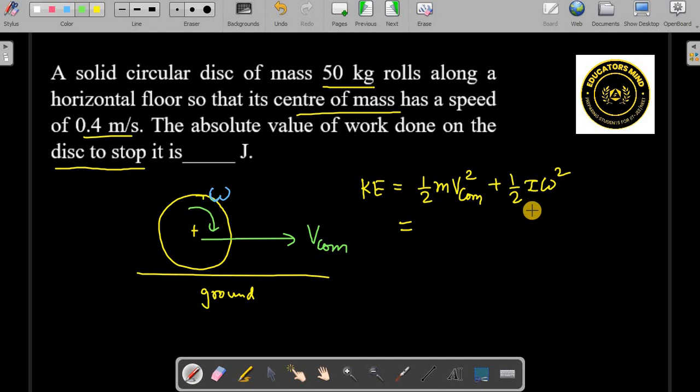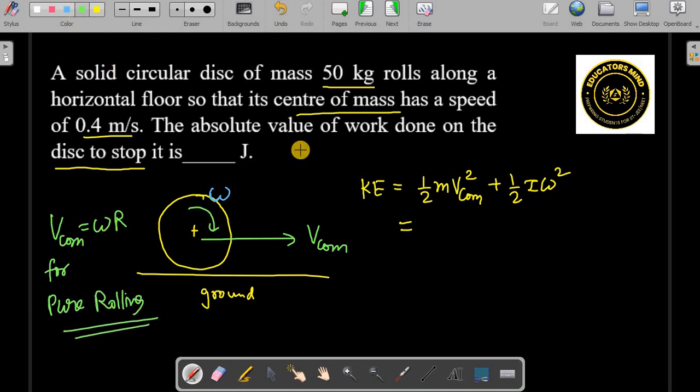But here they have only given the center of mass velocity, and in pure rolling V center of mass is omega into r. So that's why we have to use this formula, V equal to omega into r. They have given V as 0.4 meter per second.